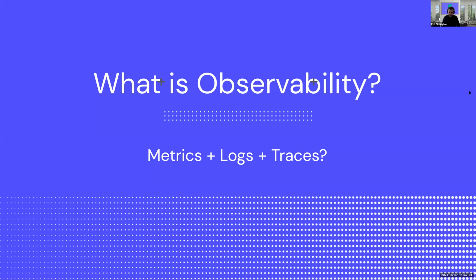So what is observability? Fundamentally, we don't typically think about it as the how, as in metrics, logs, and traces, which is obviously brought up often when you think about this.